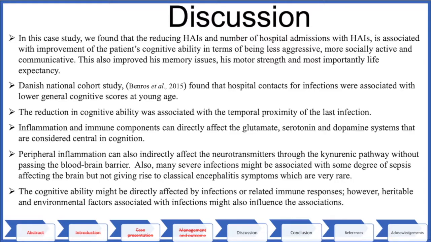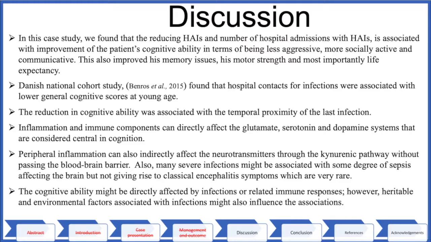And it's not just central inflammation. Any peripheral inflammation, due to a peripheral infection too, can also indirectly affect these neurotransmitters through a pathway called the kynurenic pathway. That's a tryptophan metabolism pathway. It doesn't need to really cross the blood-brain barrier. So many severe infections can be associated with some degree of sepsis affecting the brain, but not giving rise to encephalitis-like symptoms.